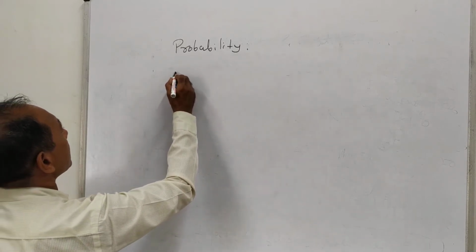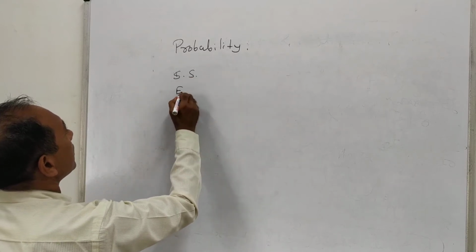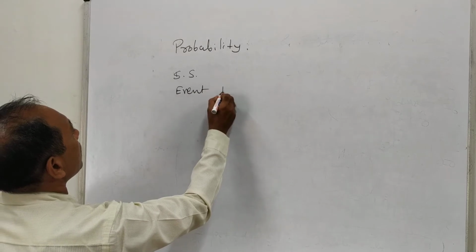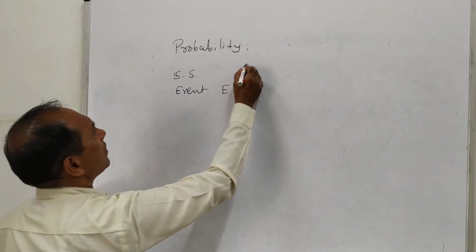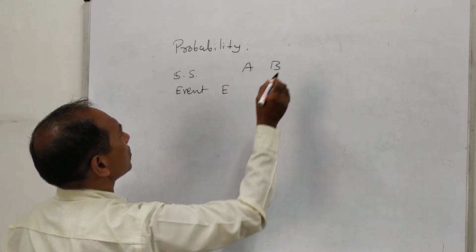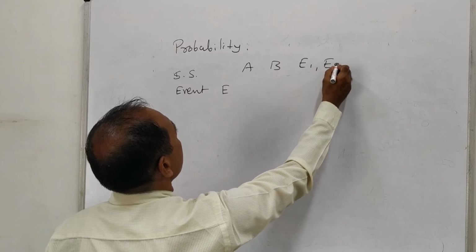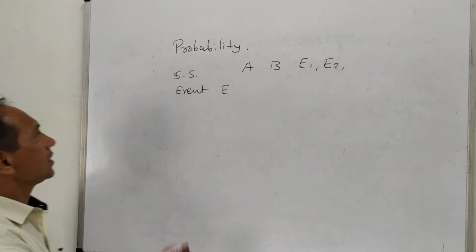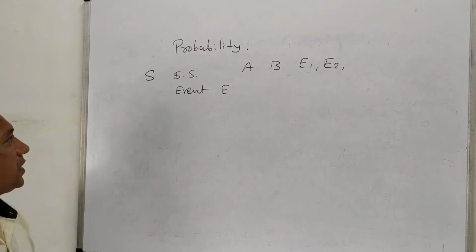We require some sample space and event. We normally denote an event by E, or else we will also denote events by A, B, C, or E1, E2, E3, etc. This kind of symbol we will use for the events, and S normally for the sample space.